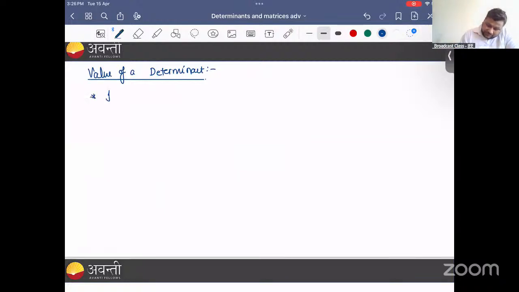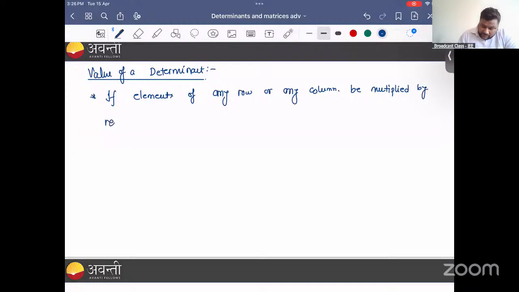If elements of any row or any column be multiplied by respective cofactors and added, we get the value of the determinant.